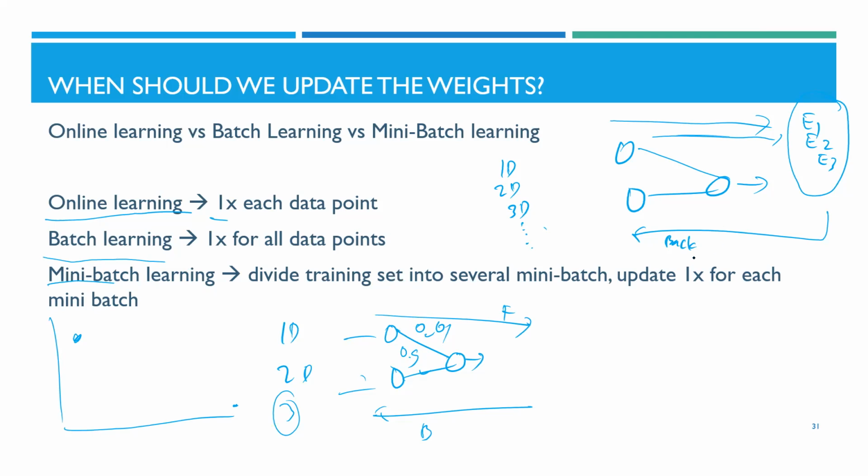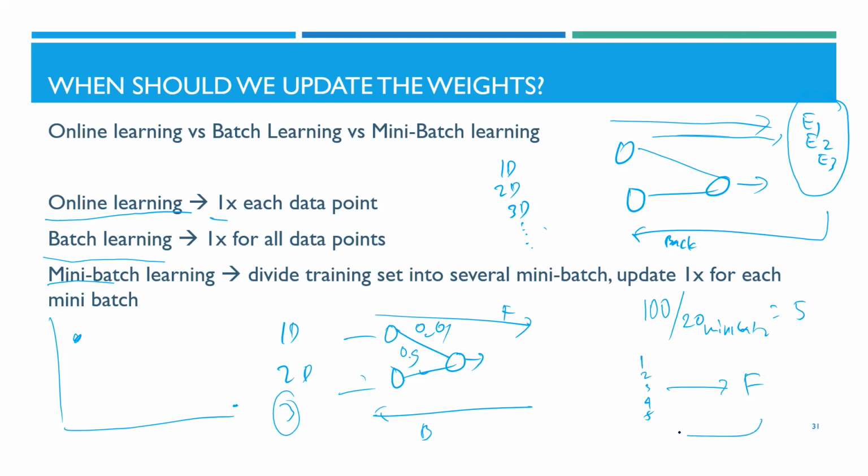So here, if we have 100 data, let's say we want to divide it into 20 mini batches of size 5. For each mini batch, for example data 1, 2, 3, 4, 5, we do forward and collect all the error from data 1 to data 5.